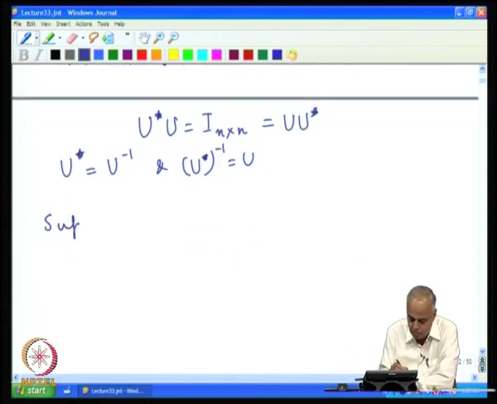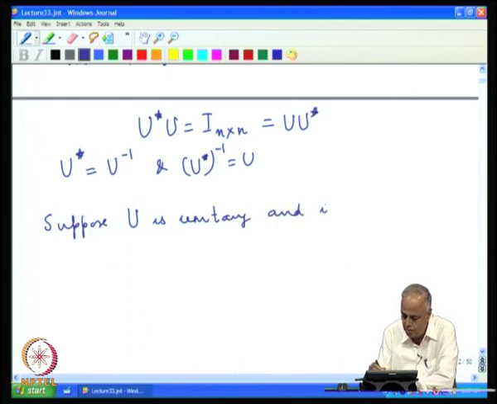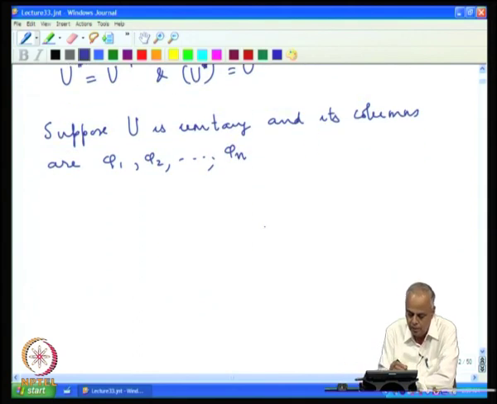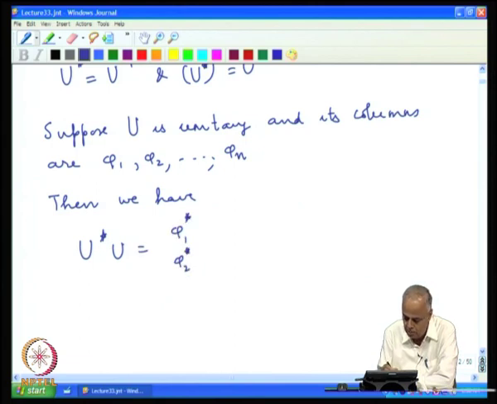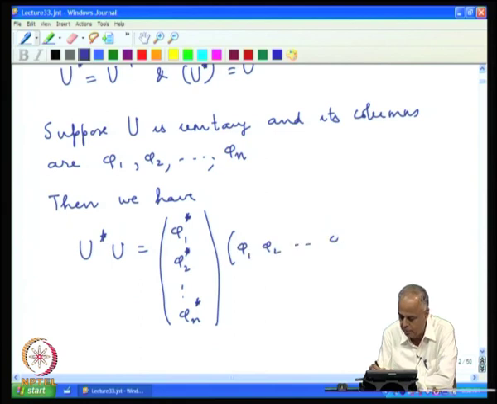Now, suppose U is unitary and its columns are phi 1, phi 2, phi n, then we have U star U. U star will be the columns flipped and conjugated, and U will be phi 1, phi 2, phi n.